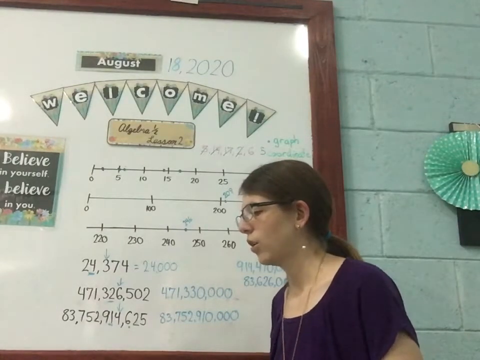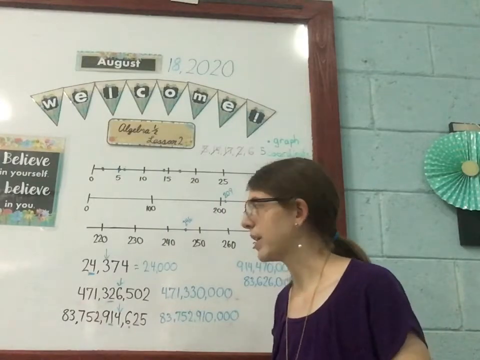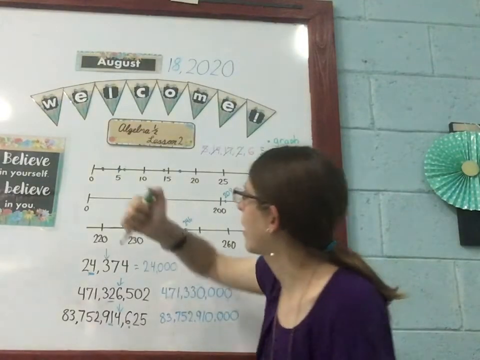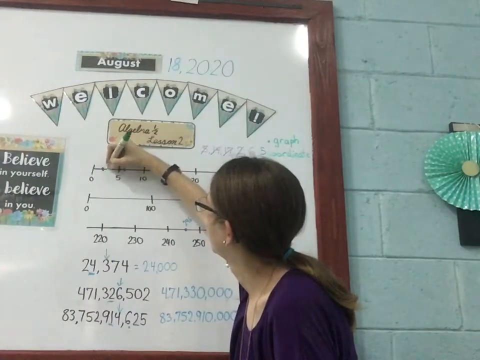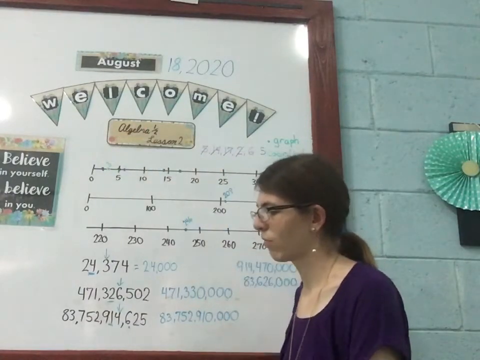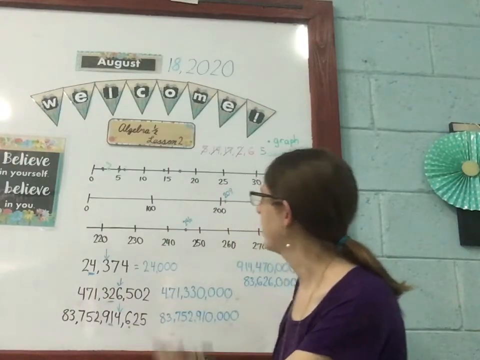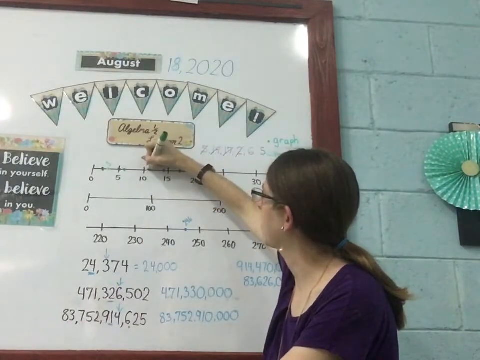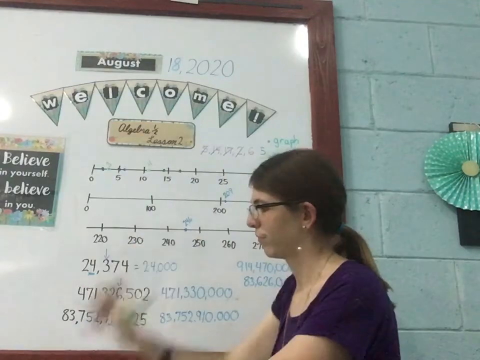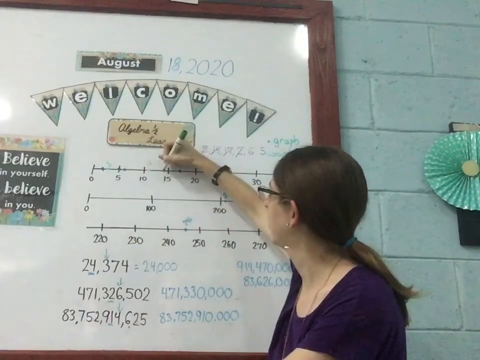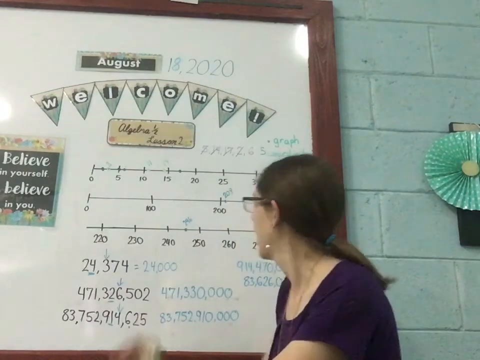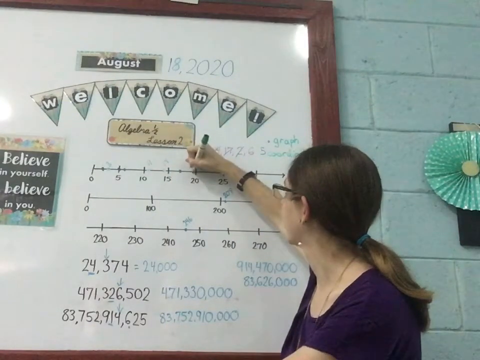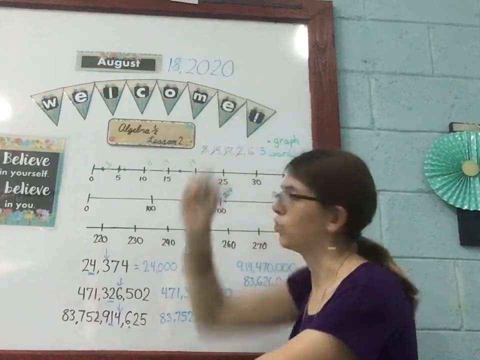Okay? So, 3 would be right about here, a little past the middle. 11, be right here, right past 10. 14, just like last time, right before that 15. And 19 would be here, right before 20.